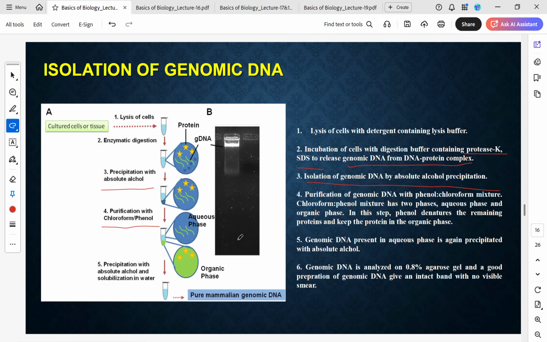Then after the precipitation and a few washes, you can solubilize it in water or Tris, and then this solution can be run on a gel to analyze how good the genomic DNA preparation is. If it's a very good preparation, then it will have an intact band and no smear. If the preparation is not proper, then it will have a visible smear.